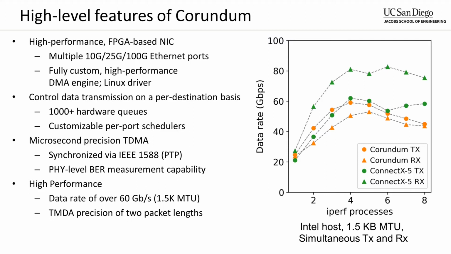We believe that improvement should be possible with further optimization of the driver. Additionally, Corundum can provide TDMA performance of 2 packet lengths, either 1.5 KB MTU packets at 10G or 9 KB jumbo frames at 100G. All of this is open source on our GitHub repository that is linked here.